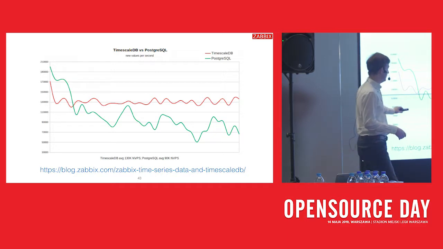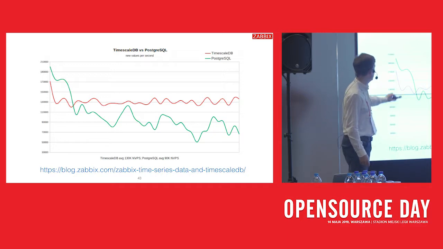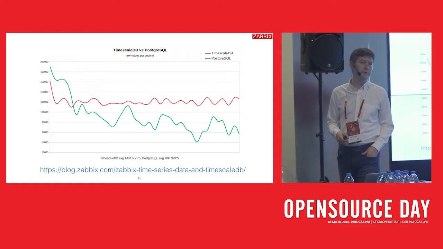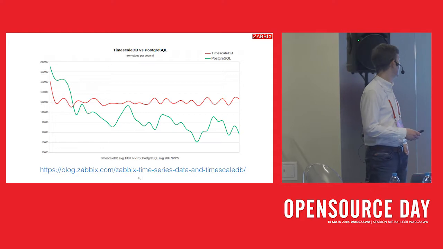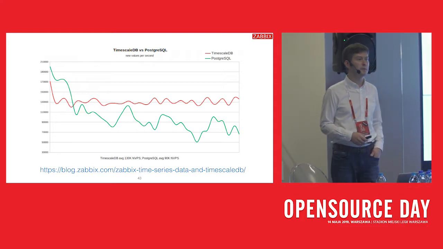Comparing to Postgres, Postgres averages maybe 80,000 values per second. So it's about 50, 60, 70% improvement over the traditional Postgres database, which is really quite nice.